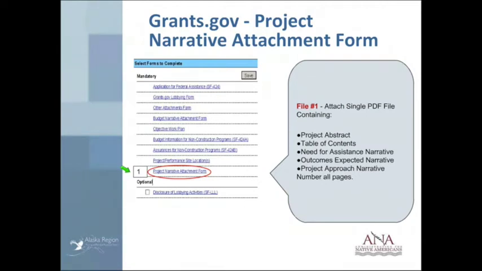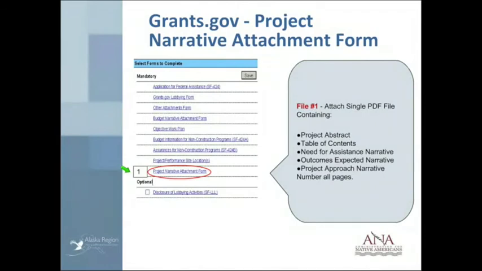So what are you going to upload into or attach to this form? You're going to include your project abstract, your table of contents, and then your project description, your narrative addressing the application criteria, including the need for assistance, the outcomes expected, and your project approach.